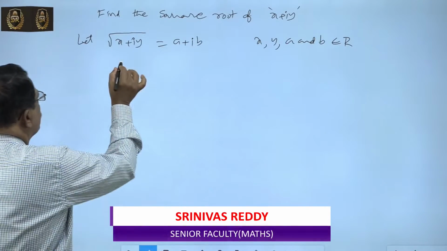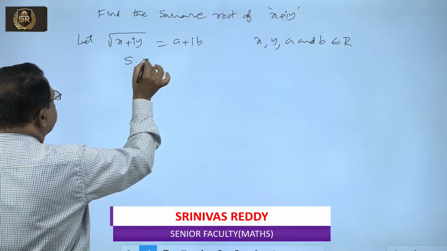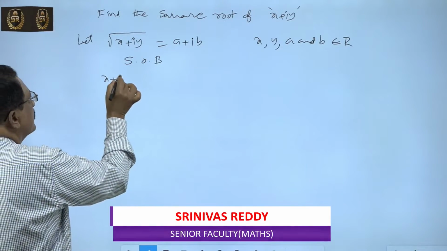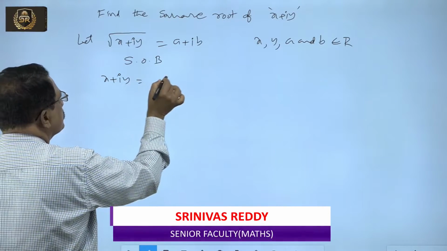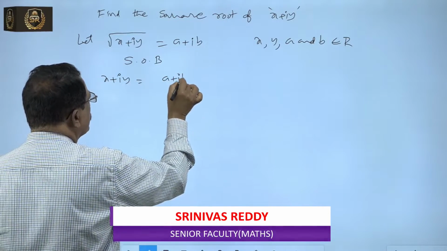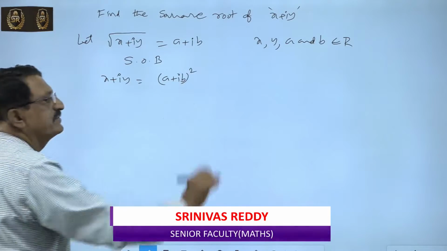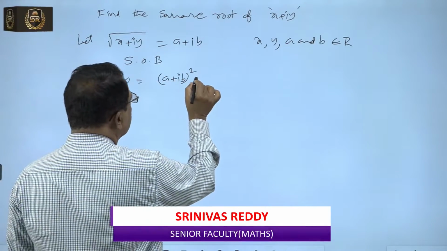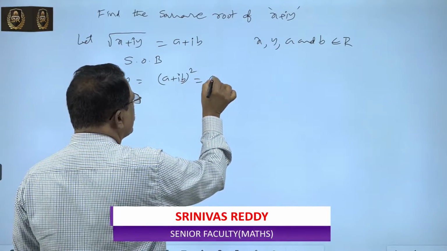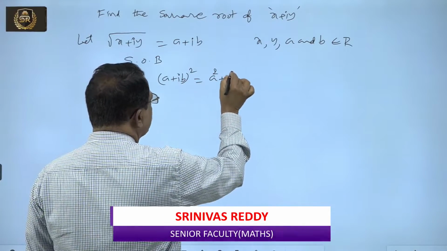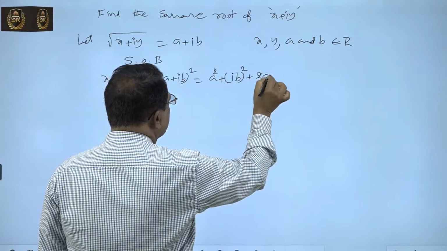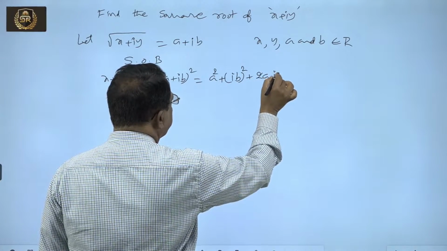Now squaring on both sides, we get x plus iy equals (a plus ib) whole squared. On the right side, (a plus ib) whole squared equals a squared plus (ib) whole squared plus 2a into ib.